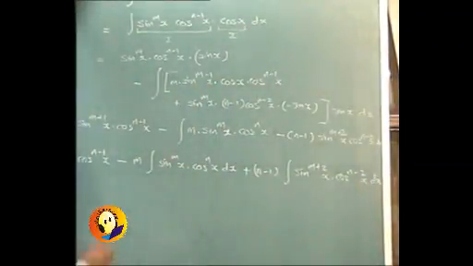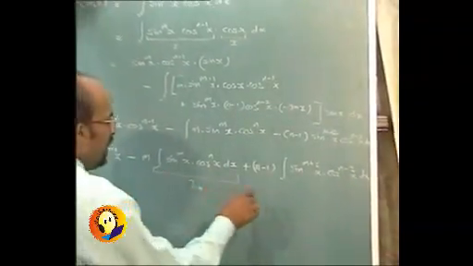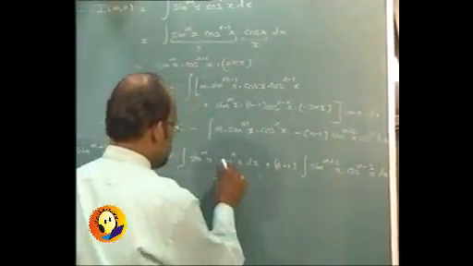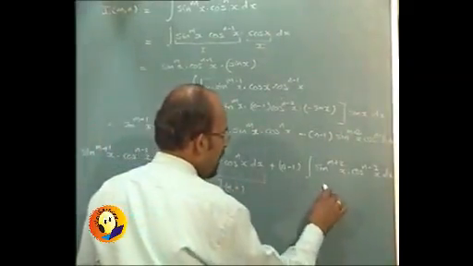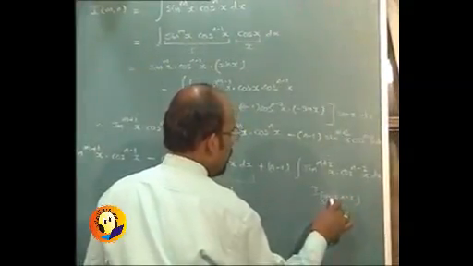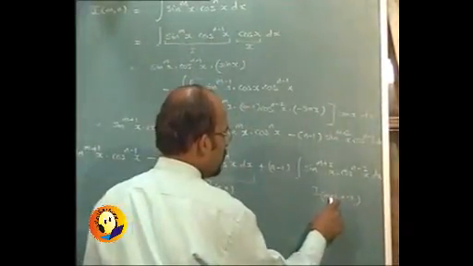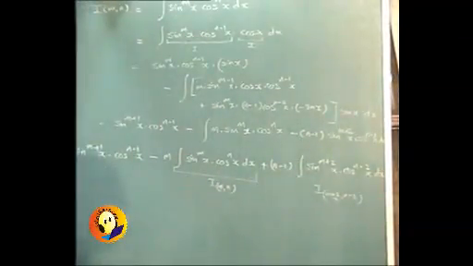Now observe that this term is nothing but I_n, whereas here it can be written as, this is I(m, n) actually, whereas this is I(m plus 2, n minus 2), and remember that we are going for the reduction, and so we should not be increasing the value of m or n in this case.